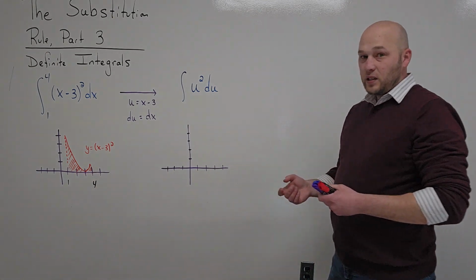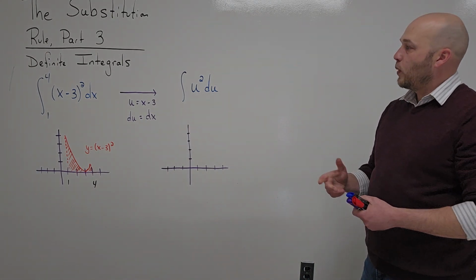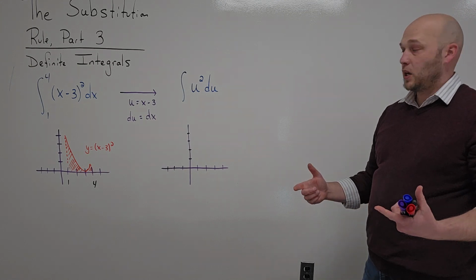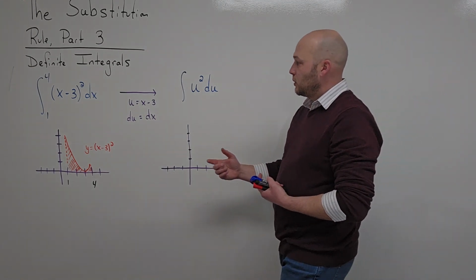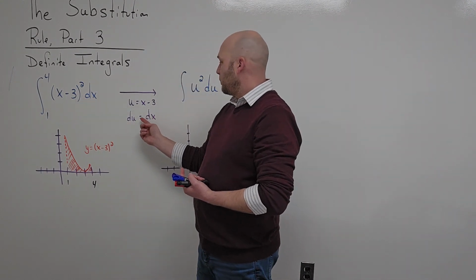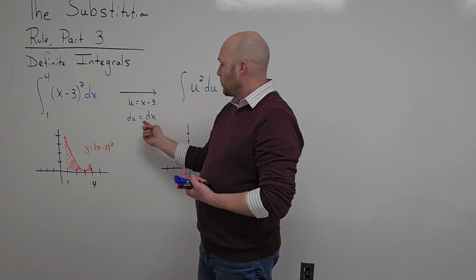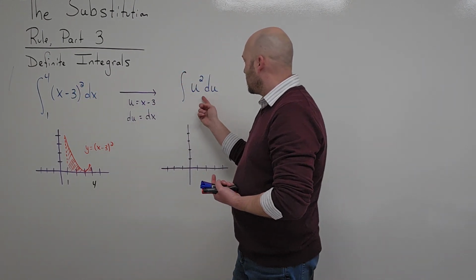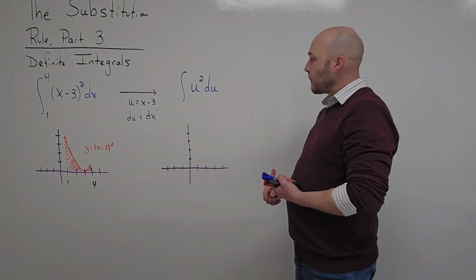And we don't need to use a u substitution on here, but what I want to show you is how the limits of integration change and why they change. So if I do a u substitution, u would be x minus 3, du would be then dx. When I substitute those in, this would end up being u squared du, which is the integral I have here.